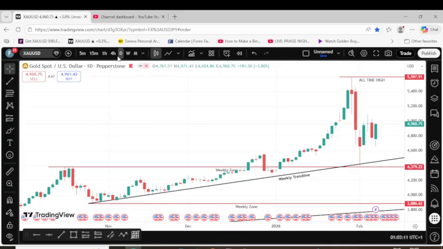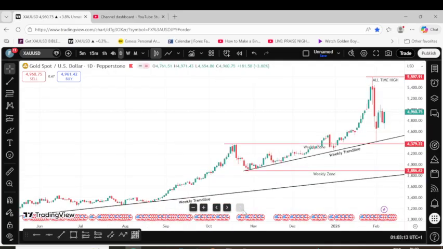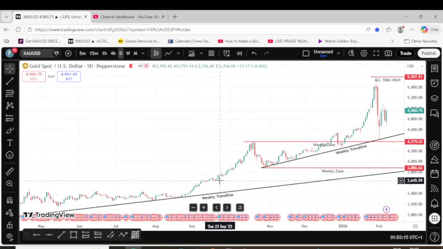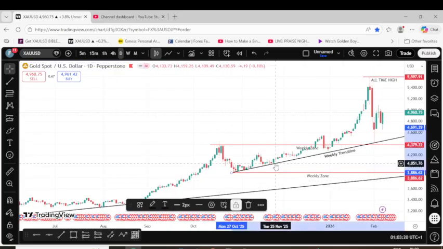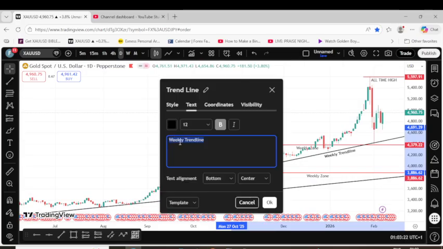Alright, now going down to the daily time frame. This trend line looks like it will fit much better as a daily. Let's switch it.